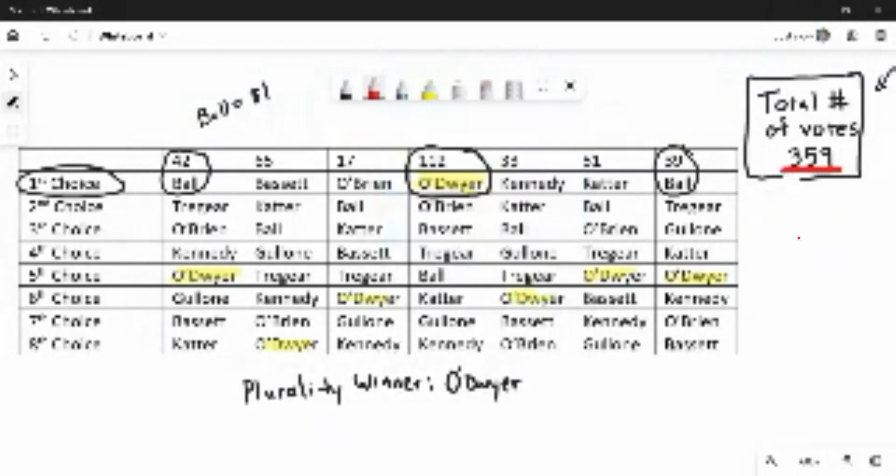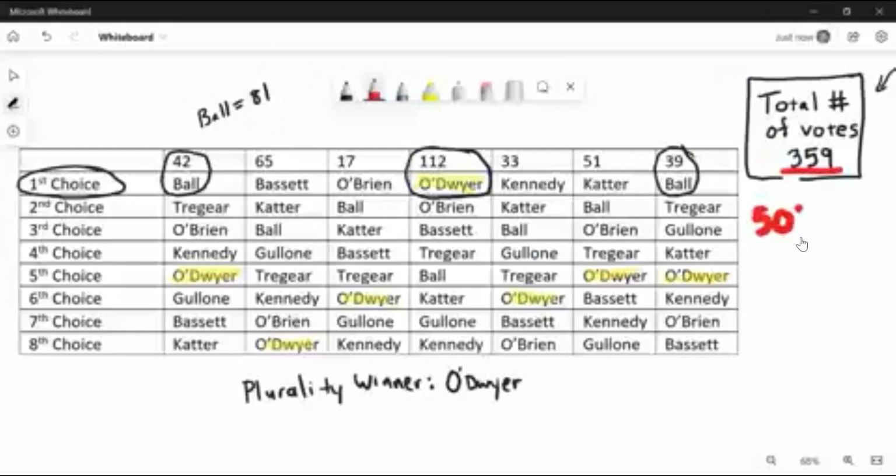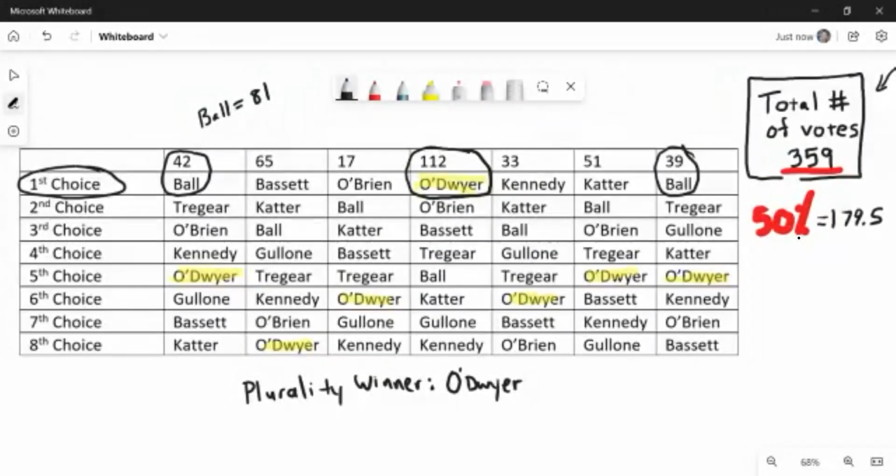So one thing to think about is what is a majority here? Well, 50% of the vote would be exactly half. So if you take your calculator and you do 359 divided by 2, you can see that 50% is actually 179.5 votes. So it's not possible to have 0.5 of a vote, of course not. So what you do in this case is you will round up.